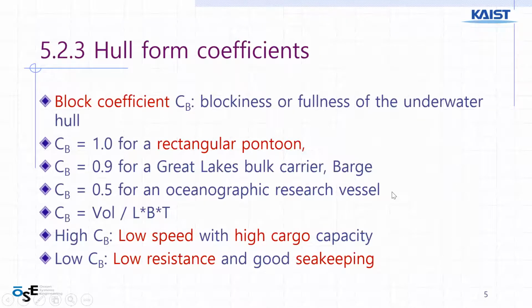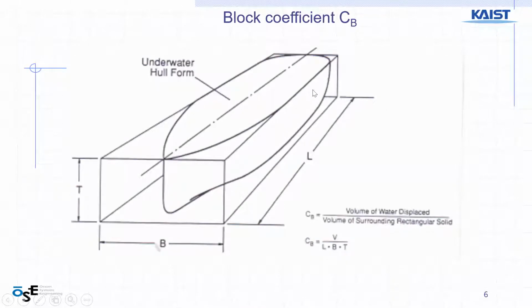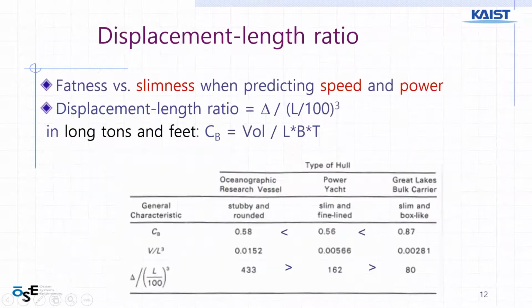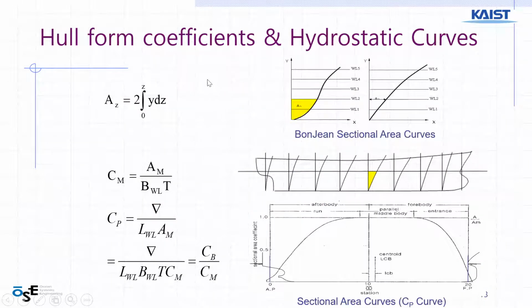But the shape of the ship is very curved. We call it a free-form surface, so the volume calculation is not easy. In the old days you needed a hand calculation; nowadays a computer does such calculation.